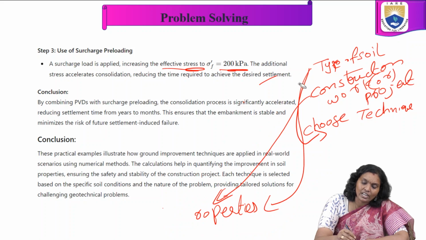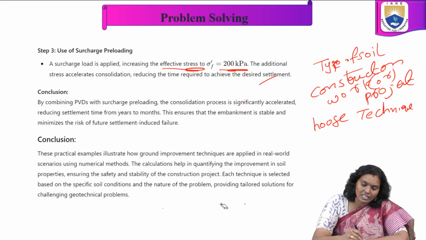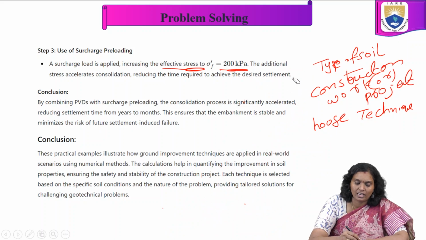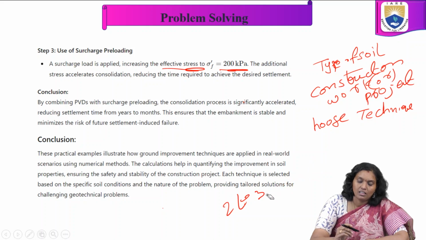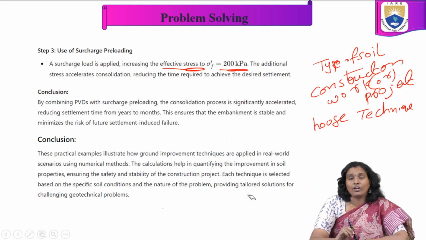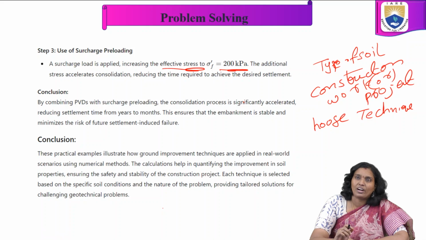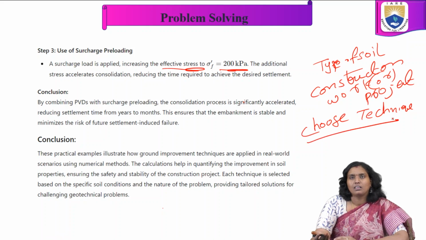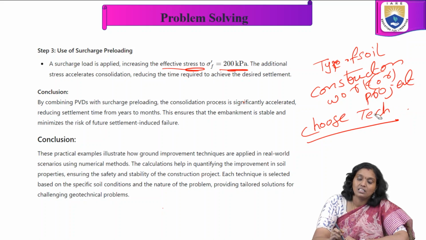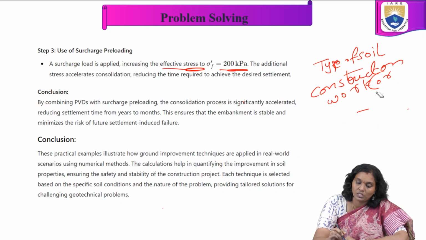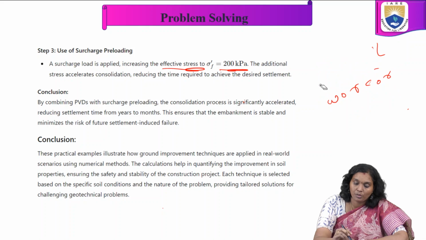Each type of soil and type of construction may suggest two to three different techniques. Among those, according to the practical scenario and the availability of the suggested techniques, we choose based on what is significant. Once we choose, we follow the procedure.